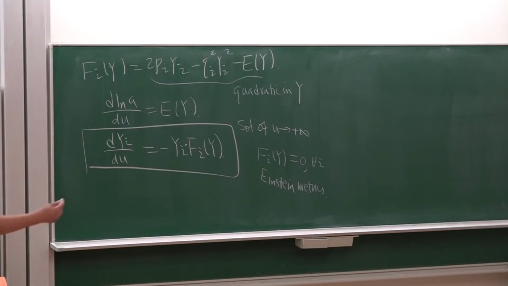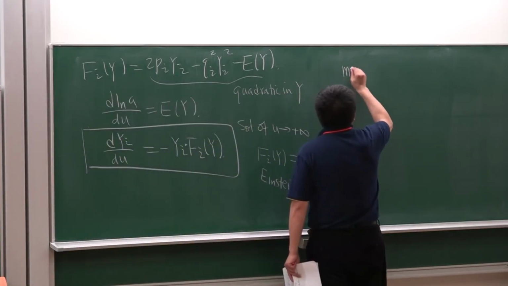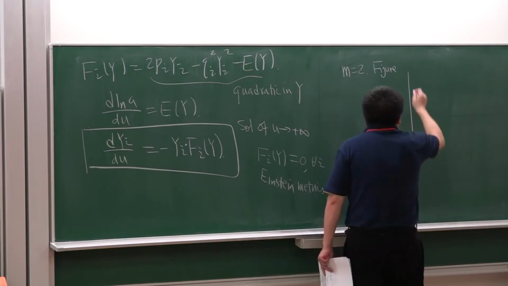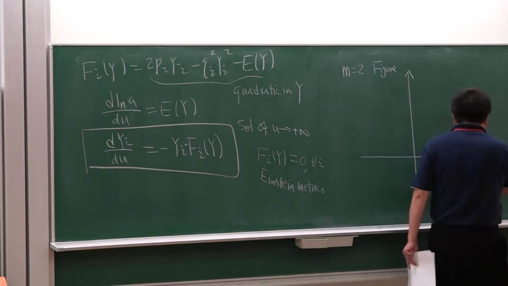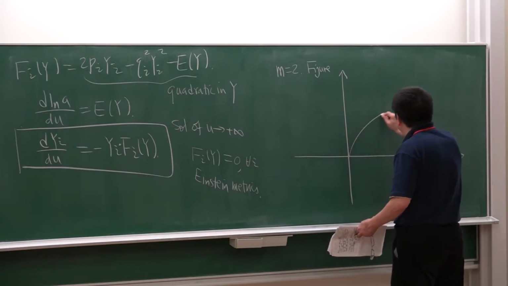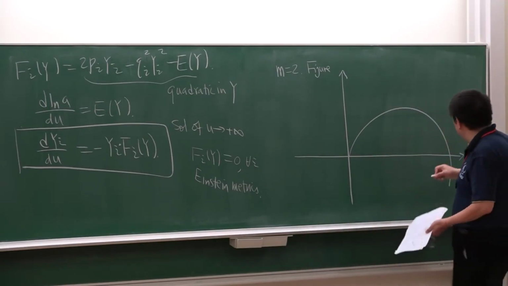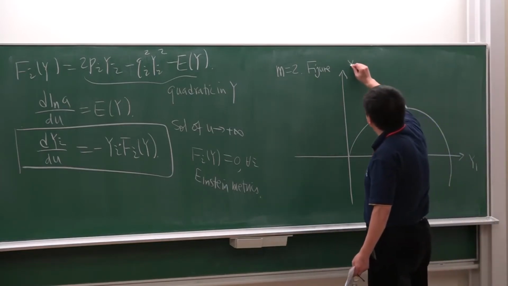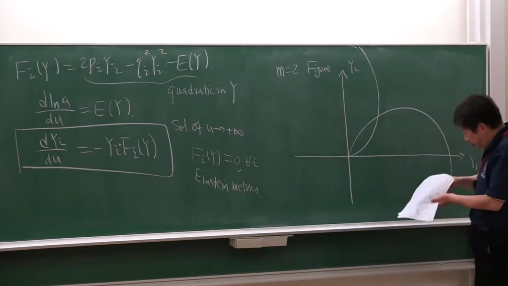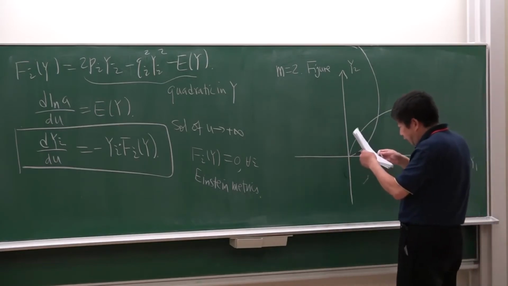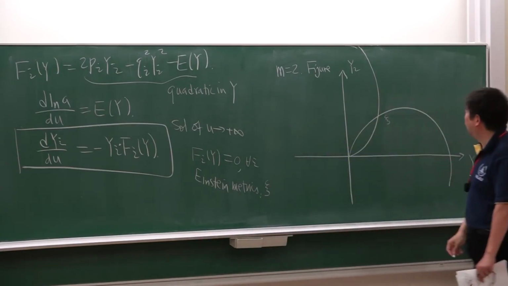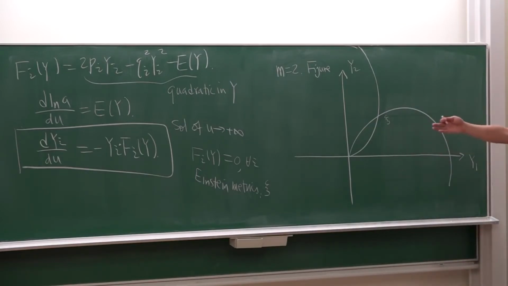So now I can draw a picture. Let's say this is C. This is the only Einstein metric of this format.